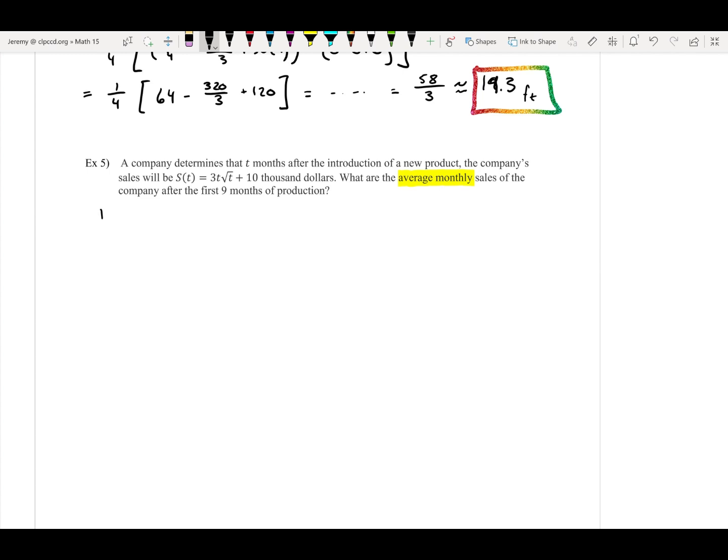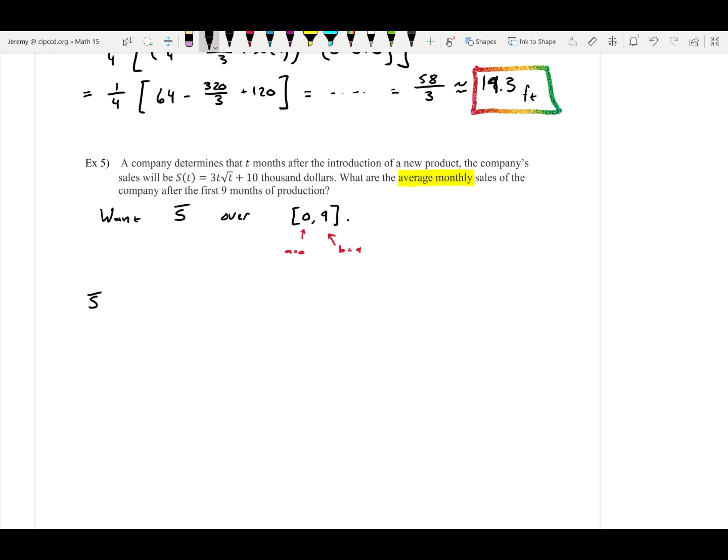So what we want is S bar, the average output of S over this interval from 0 to 9, right? The first 9 months. So I can point out, a is equal to 0, b is equal to 9. We have our function. That's really all we need to figure this out.